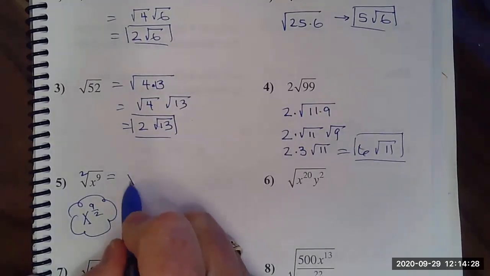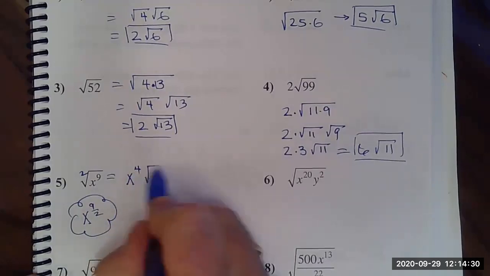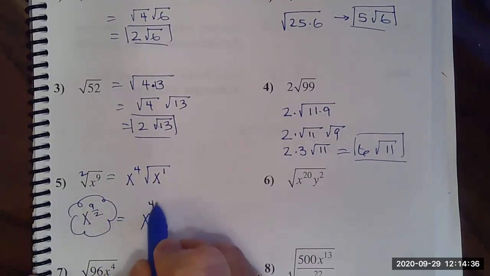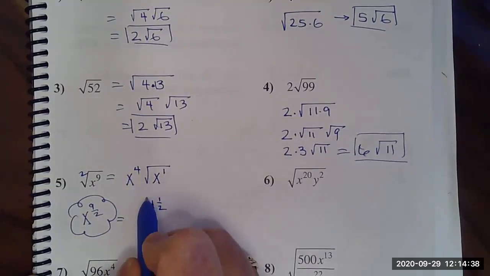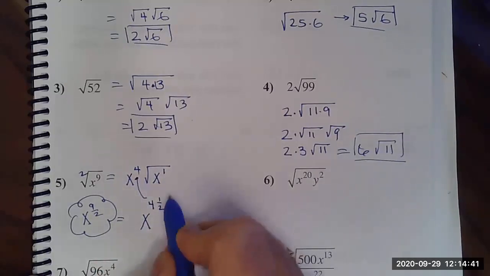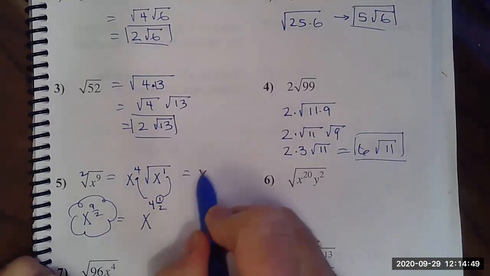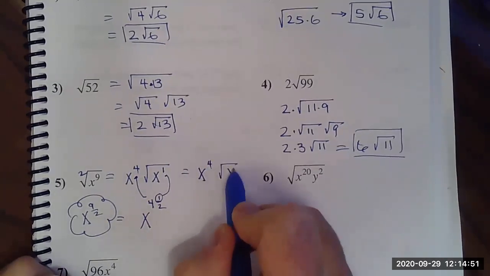So that's x to the 4th with the leftover of 1. So x to the 4th root x.